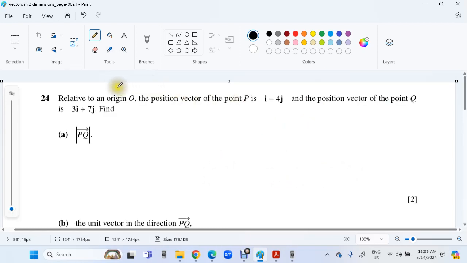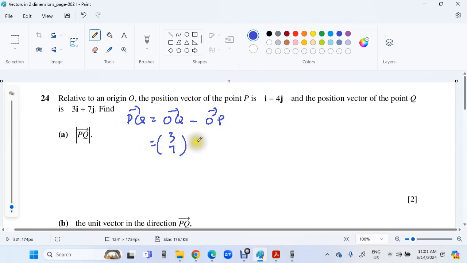So question 24. Relative to an origin, the position vector of P is i minus 4j, and the position vector of Q is 3i plus 7j. So we want to find the vector PQ. To find the vector PQ, we have OQ minus OP.